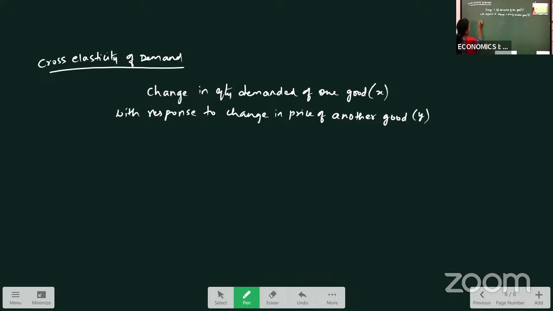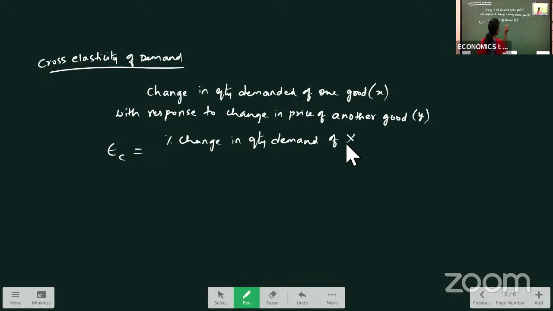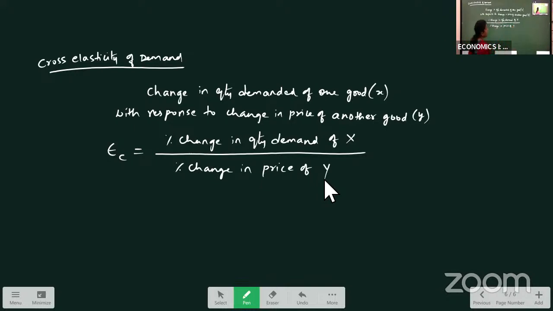So your cross elasticity is equal to percentage change in quantity demanded of X commodity by percentage change in price of Y commodity.